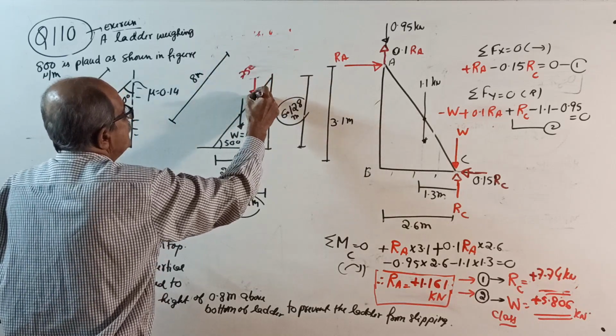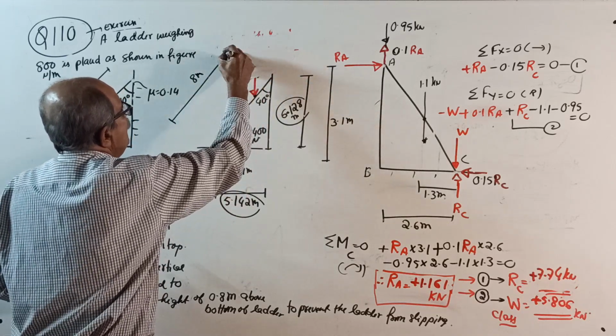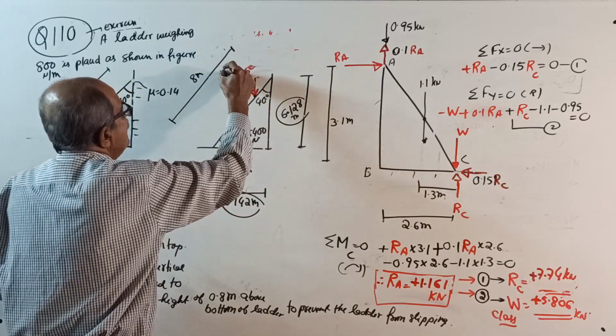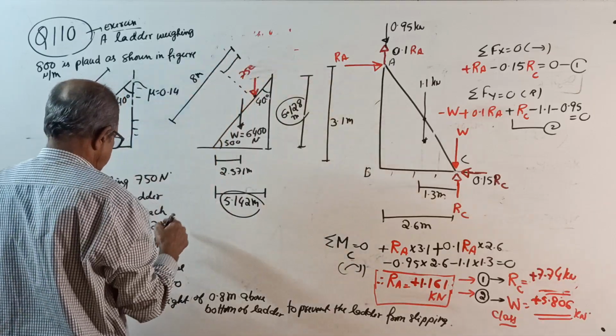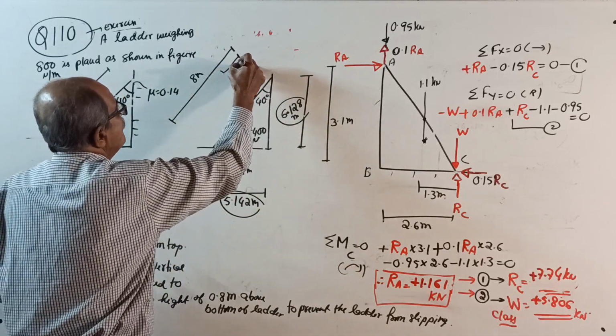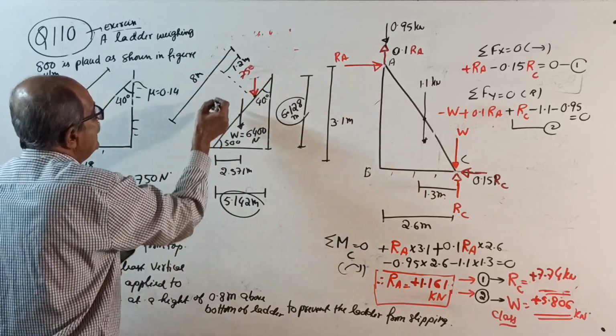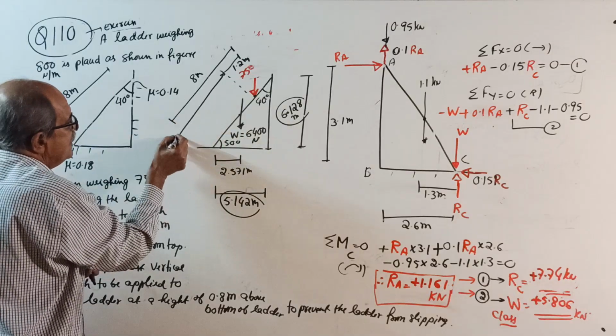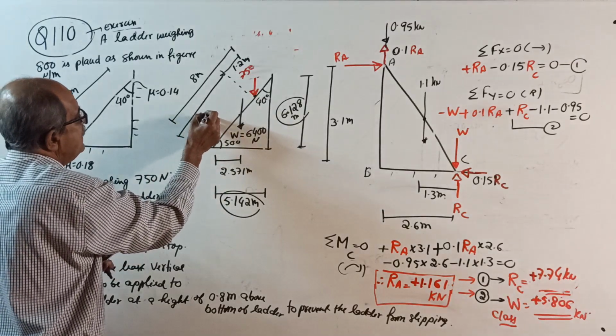They told the position where the person wants to stand along the ladder. Along the ladder at what distance? 1.2 meter from there. If that is 1.2, surely up to here is 6.8 meter.